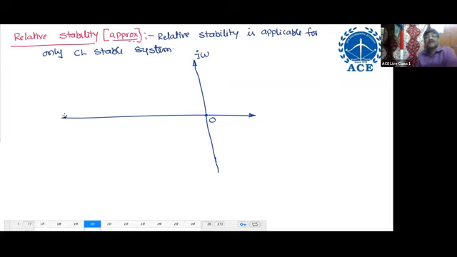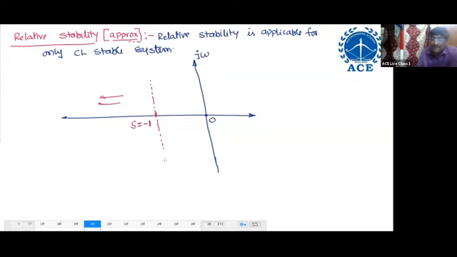For example, they ask to check the relative stability about S equal to -1. That means you have to check the poles with respect to S equal to -1, whether the poles are left of S equal to -1 or not.